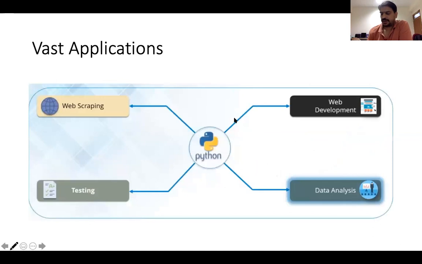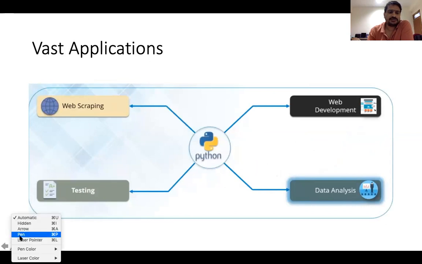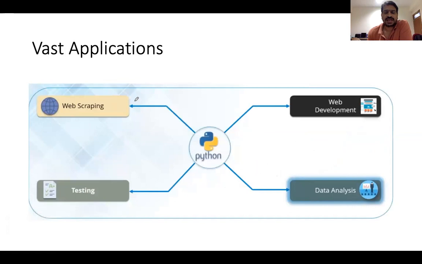The next property of Python is that it has vast applications. With the help of Python, we can do web scraping, with which we can collect data. We can develop testing tools with Python. We can develop web pages or web development applications.